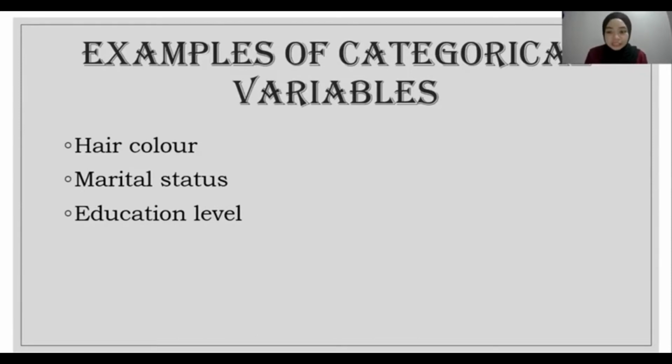You cannot actually arrange which is more superior compared to the other. And another example is education level. An individual might have a PhD, some might have a master's, some have a bachelor's, or some have a high school certificate. So these are categorical variables.